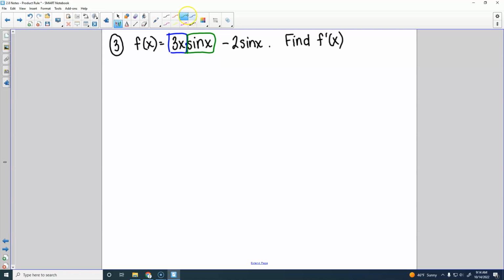So let's remember the product rule from yesterday. I'm going to write it down again just so I've got it right here on the screen, but you don't necessarily have to because you can see it there.